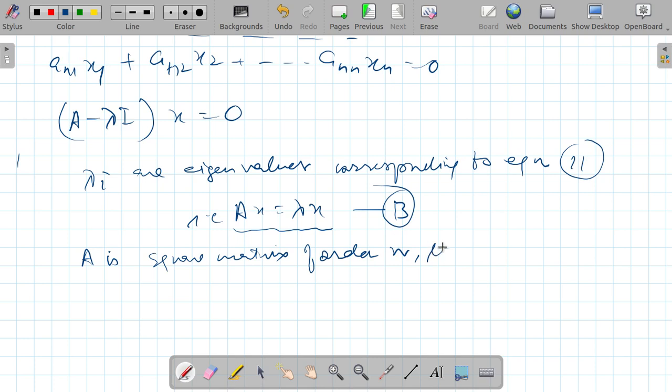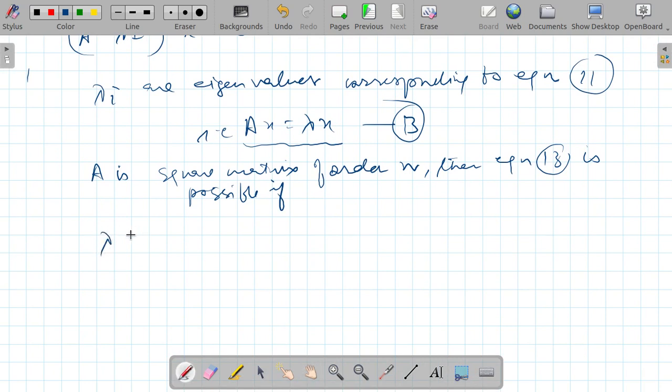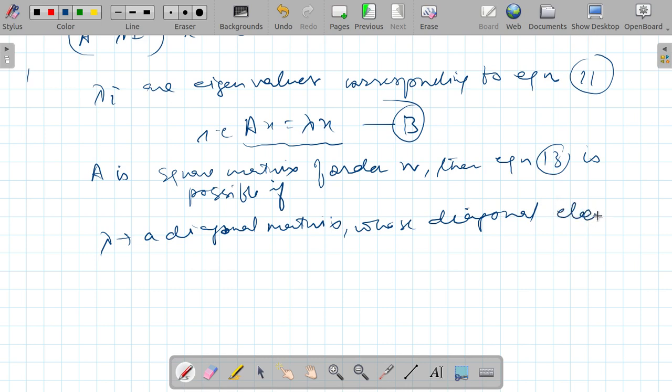Therefore, equation 3 is possible if lambda is a diagonal matrix whose diagonal elements are lambda i.